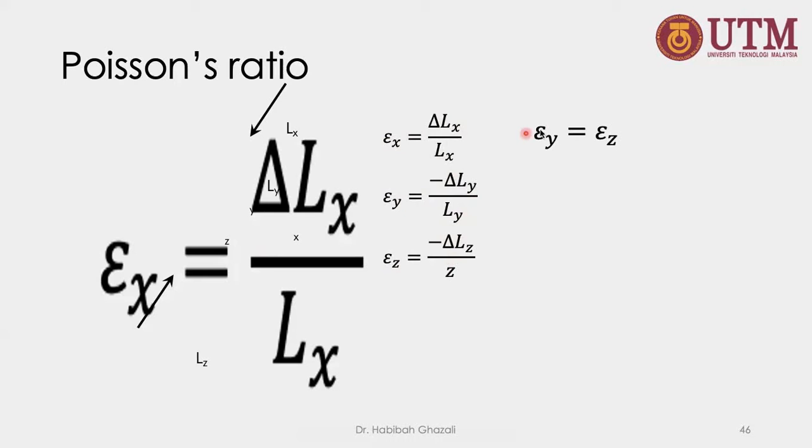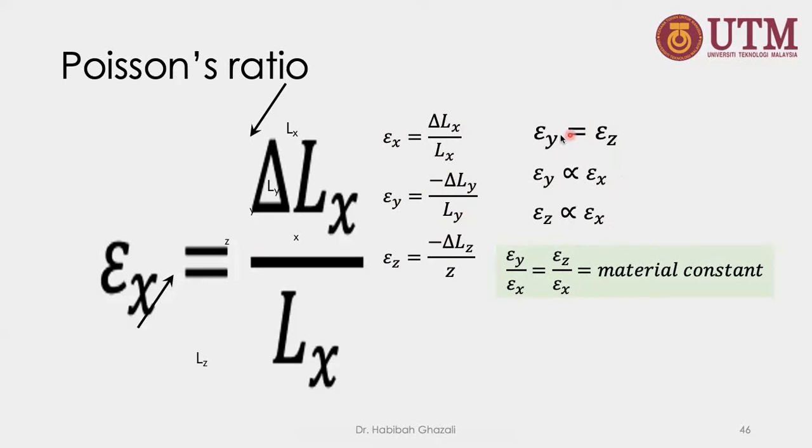So basically, the Y strain is proportional to the X strain, and the same goes for the Z direction. The ratio between the strain in the Y and Z directions compared with the strain in the X direction is equal, and this ratio, Y over X and Z over X, we call the material constant.